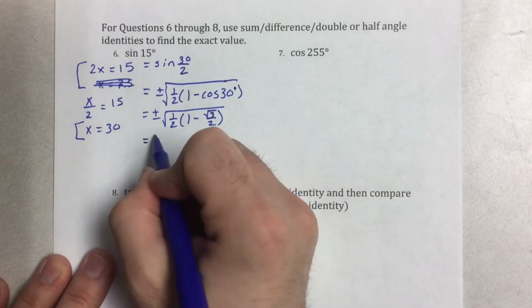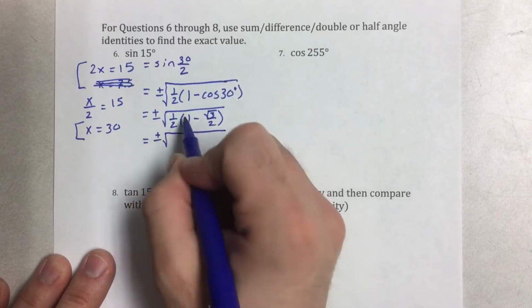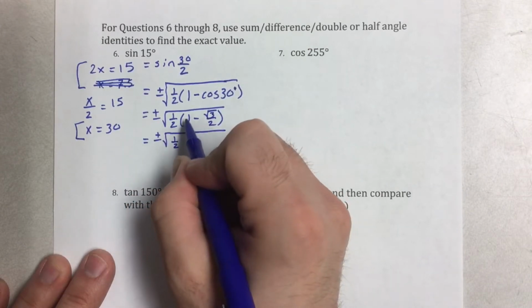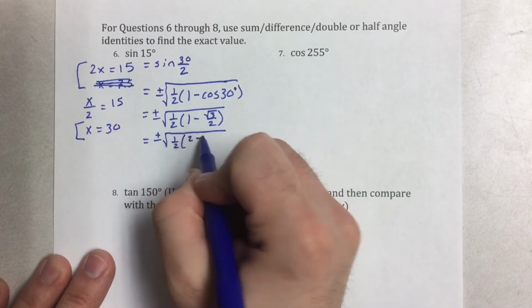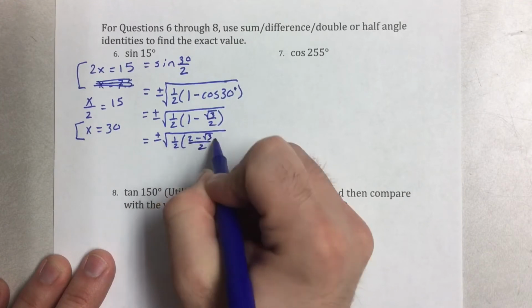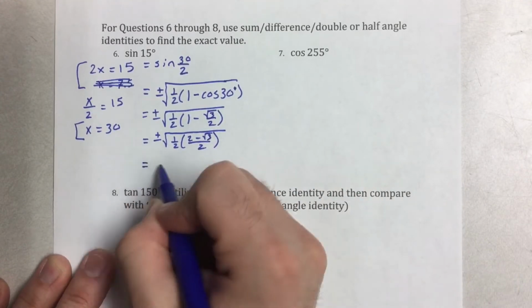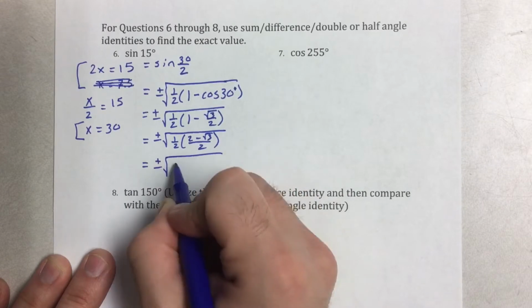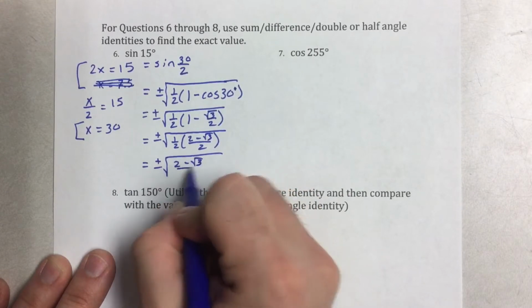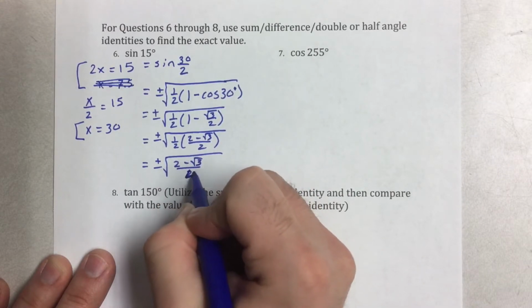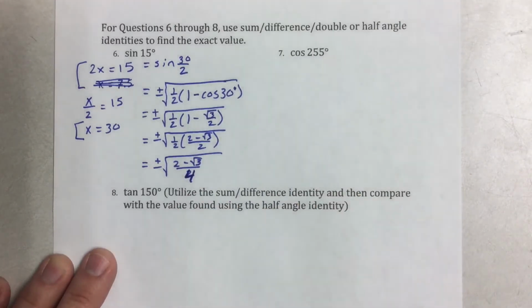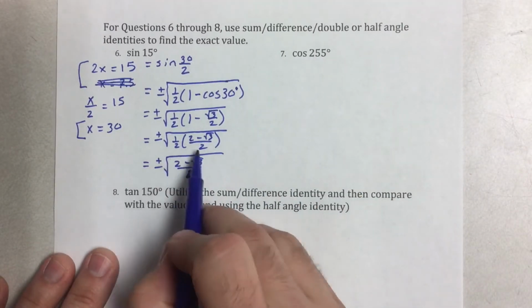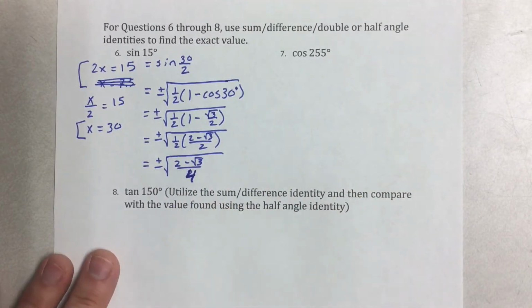Okay, and getting a common denominator, we would get 1/2. This is 2 over 2, so we would have 2 minus root 3 over 2, leaving us with positive negative square root of 2 minus root 3 over 4, that's an easy save, over 4, because of 1/2 and divided by 2.